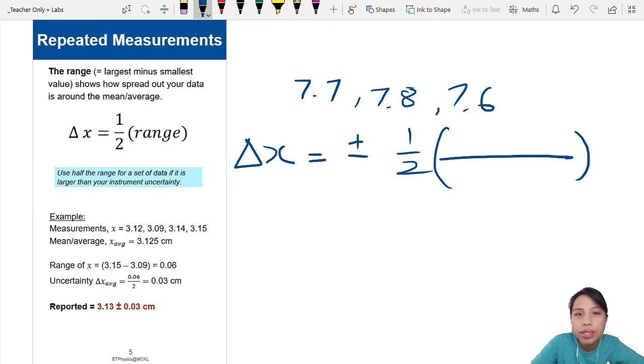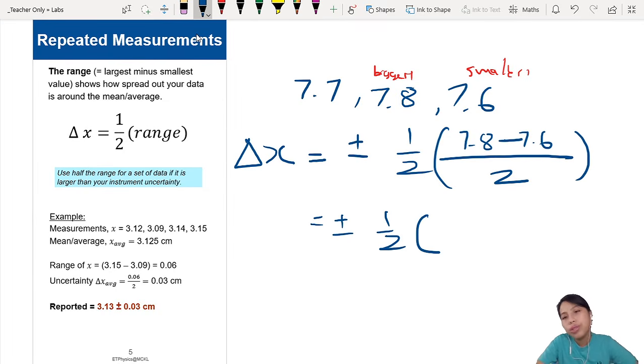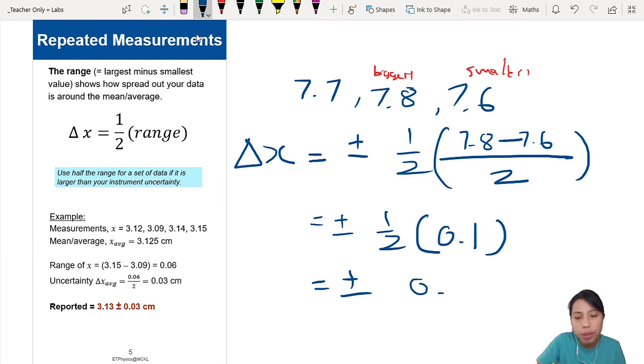The range is the biggest value minus the smallest value. So 7.8 minus 7.6, very small, 0.2. Divided by 2, that is 0.1. So plus or minus 0.05 cm. So small.